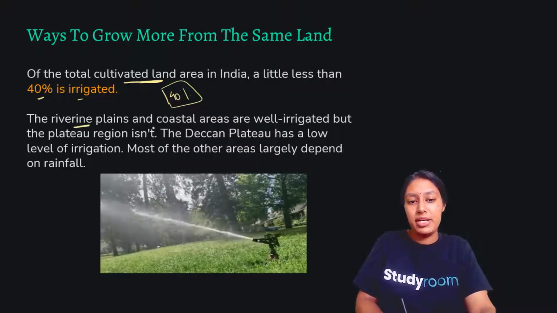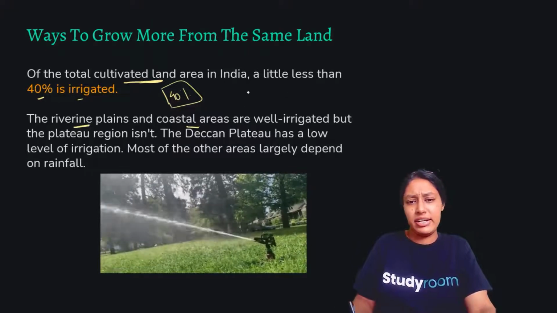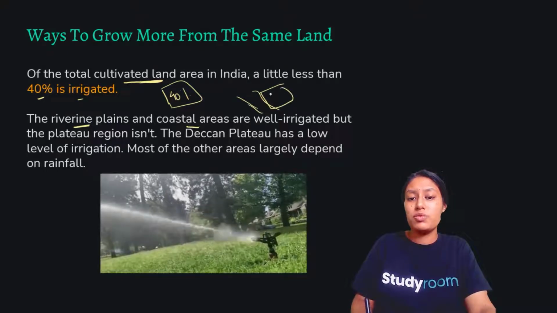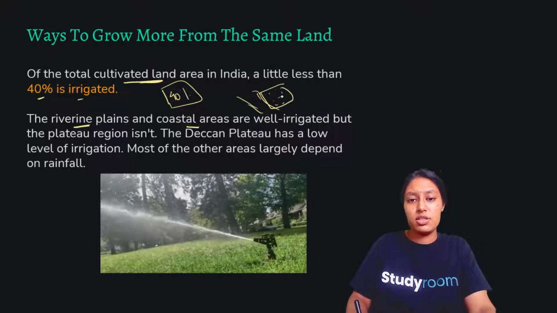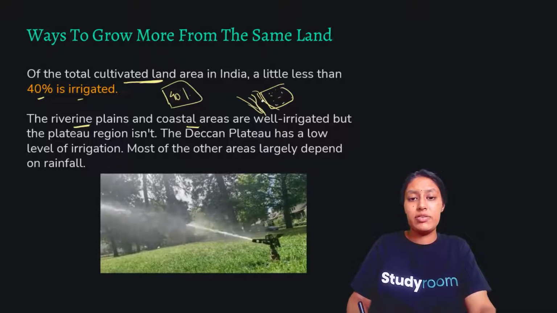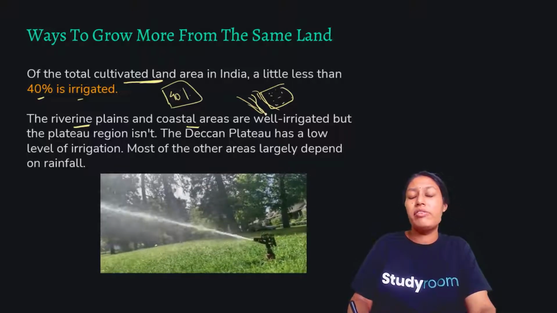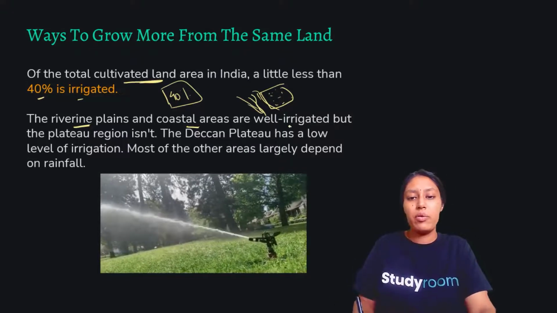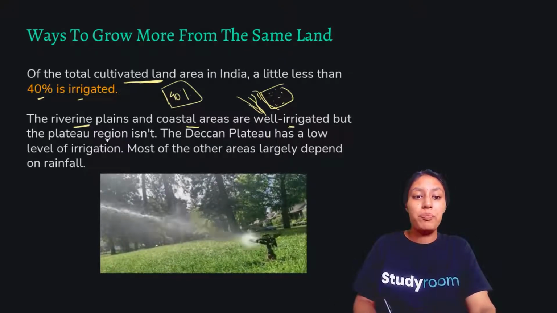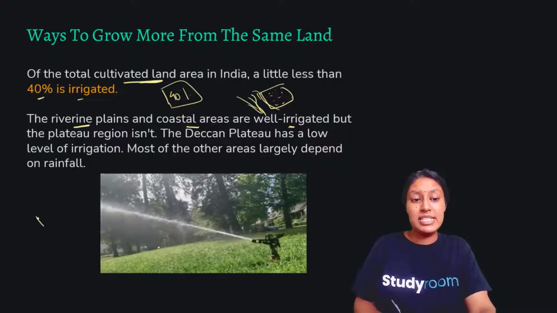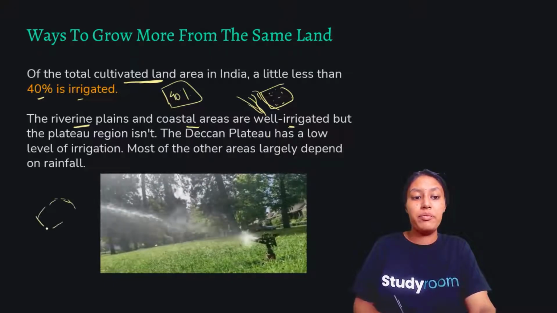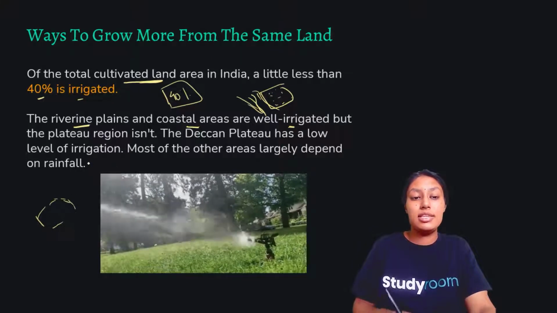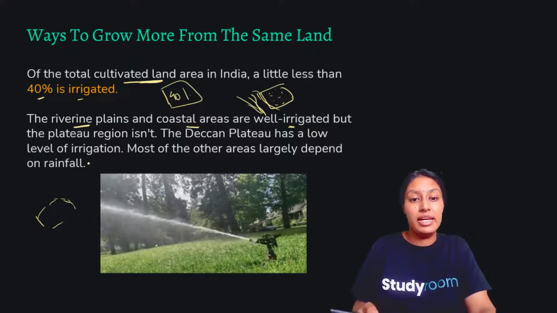The riverine plains or the coastal plains have well irrigated areas. So parts which have rivers, or the crops which are along rivers. This is the crop and this is the river. These are called riverine plains. Riverine plains and coastal areas have a well irrigated system. But in the plateau region, where groundwater is used for irrigation, there is no well irrigated system.